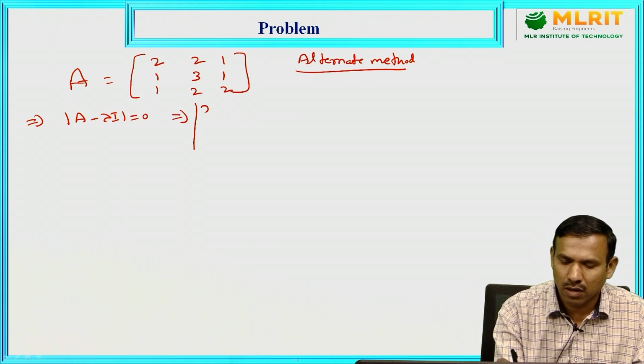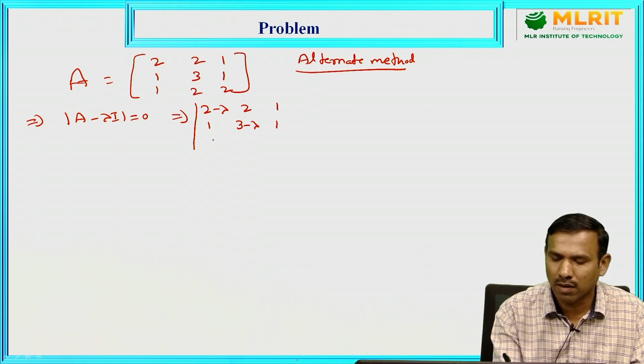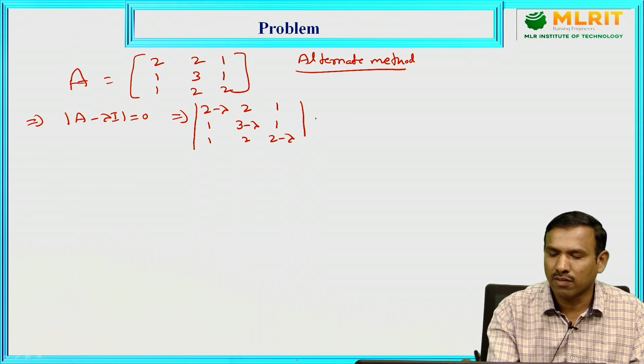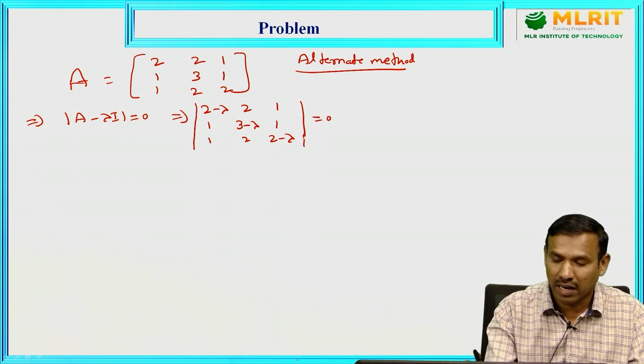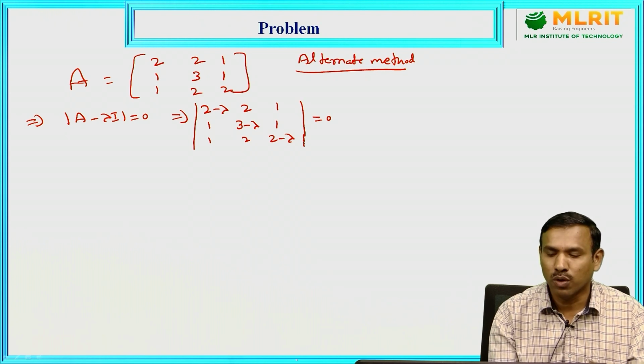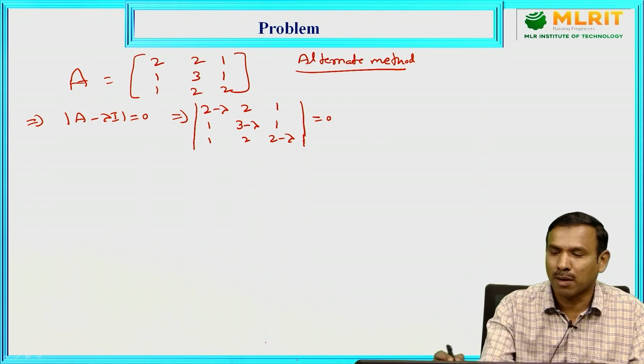So 2 minus lambda, 2, 1; 1, 3 minus lambda, 1; 1, 2, 2 minus lambda is equal to 0. Students should not forget writing equal to 0, since it is the characteristic equation, a homogeneous system. But here I am not expanding like the previous one, because I am telling the alternate method.